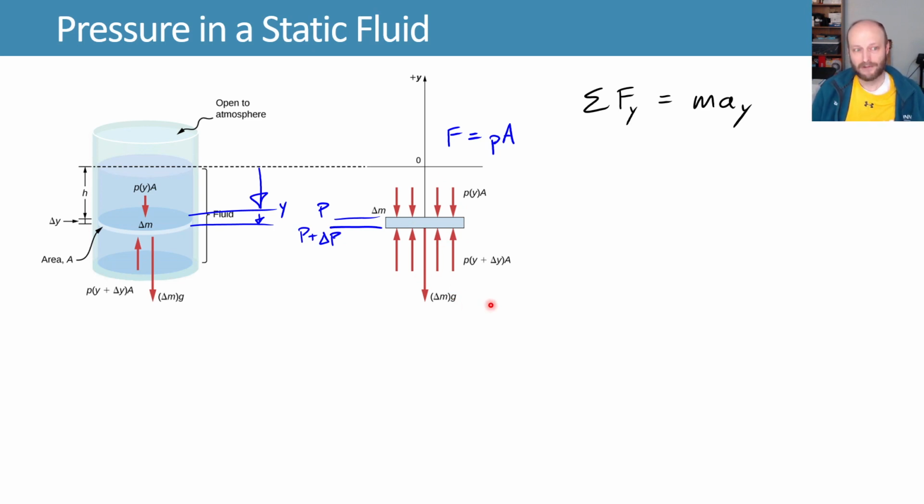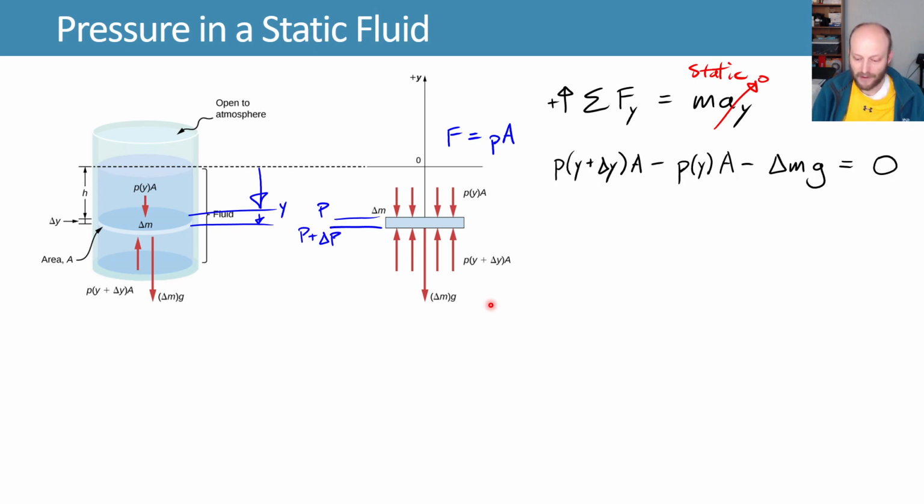In a static situation where this isn't trying to flow anywhere, our acceleration is 0. And we're left with the pressure pushing up from below minus the pressure pushing down from above and that weight from the mass of the section we're considering has to sum to 0.